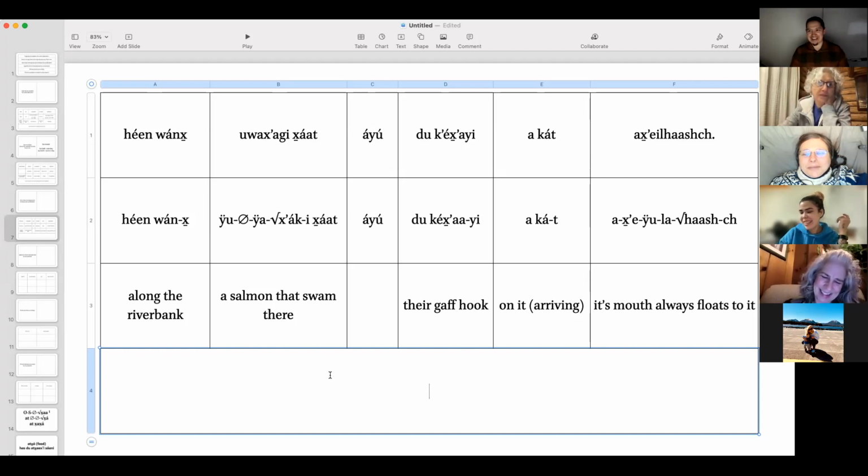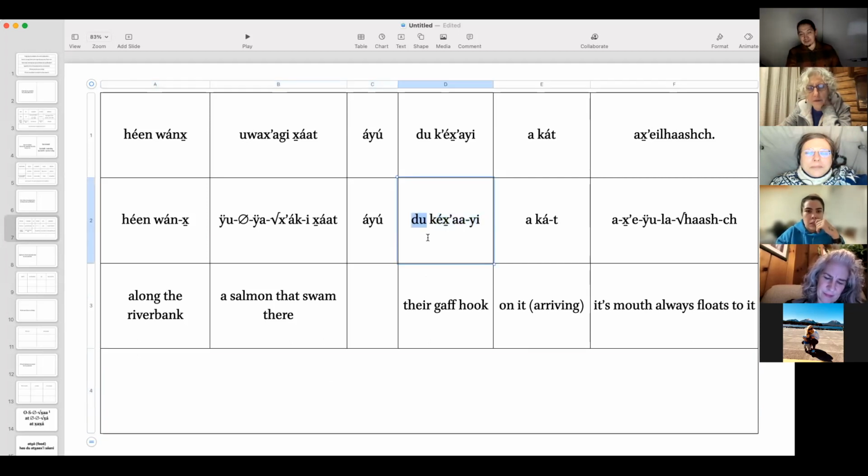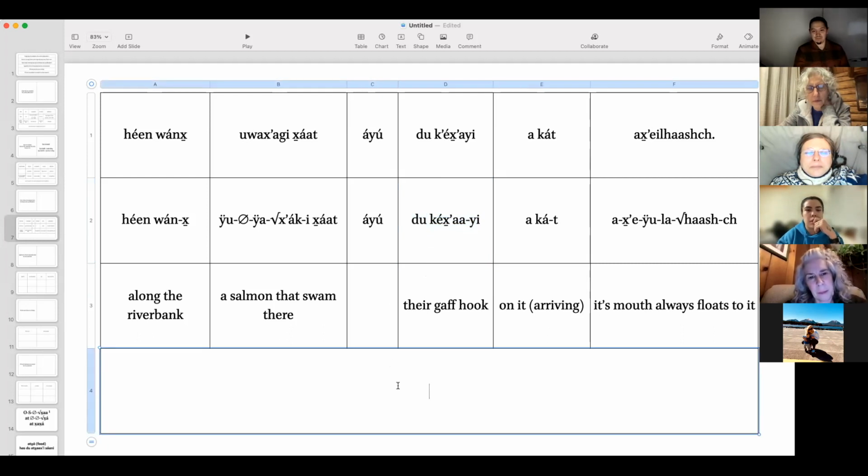Got it now. So does the there Gaffuk refer to the person in the previous sentence? Yeah, and Tlingit loves to do this. Once it tells you something, once you see duh, you just assume it's probably that person, unless they specify. And usually, technically, a salmon wouldn't be duh. And now we're going to sort of rearrange the word order, maybe. So a salmon that swam along the riverbank?